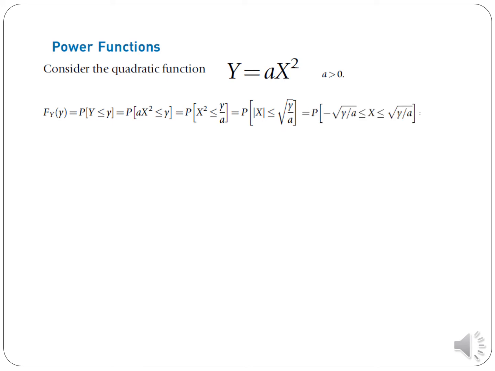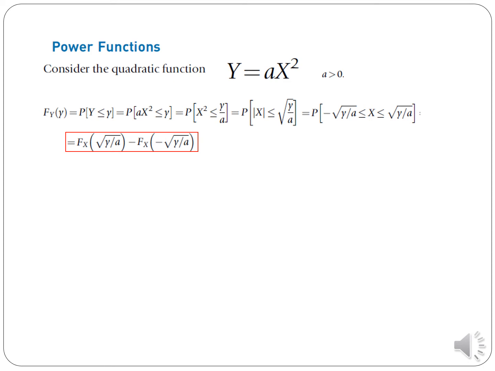Next, this can be rewritten like this, because you can see the absolute value. So the value of x will range from minus square root of y by a to plus square root of y by a.